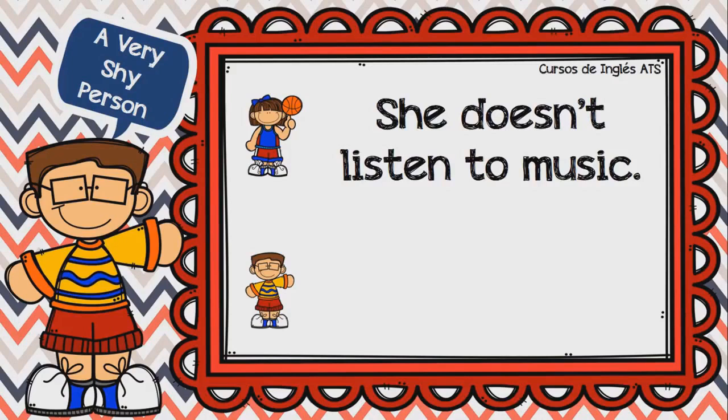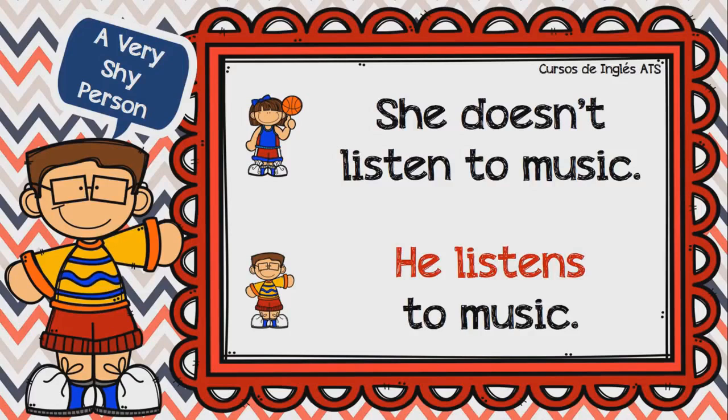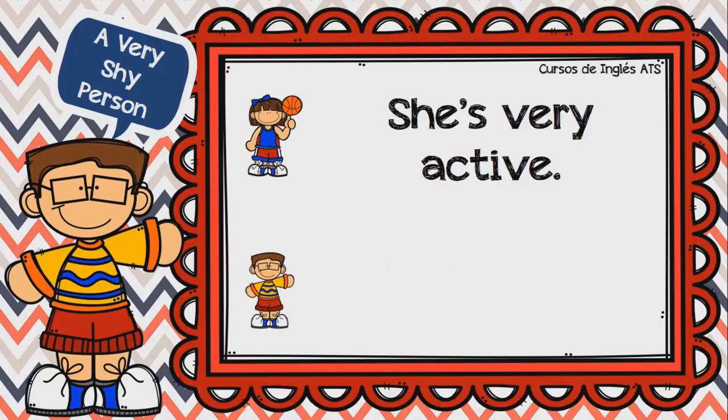Use an affirmative sentence to describe Sheldon. He listens to music. Very good. Remember, affirmative sentence with he, she, it, add the S to the verb. He listens. He listens to music.